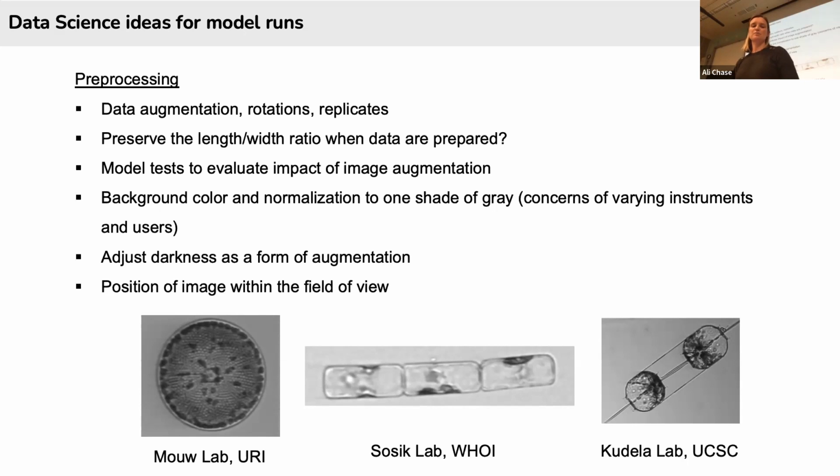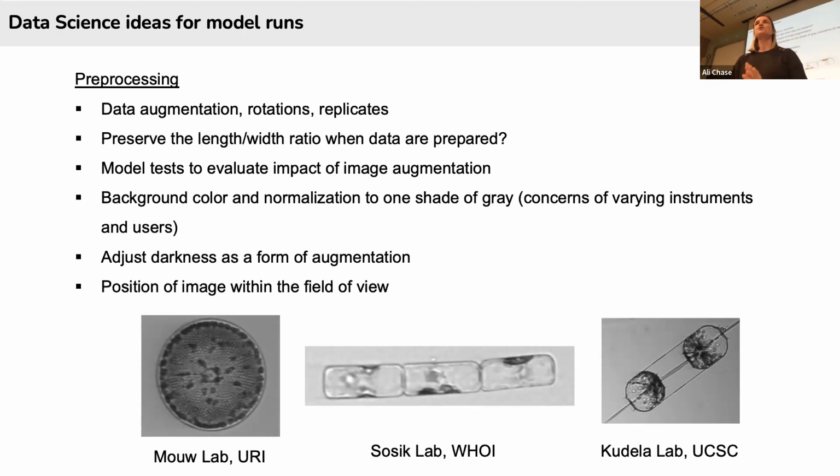This refers to how we prepare the data. For example, I talked about the upscaling, or upsampling, sorry, when we have only a few of certain types of images. Also, this issue of preparing the length and width ratio when the data are prepared and we're squishing them down to squares, and tests to evaluate the impacts of doing this to the images.